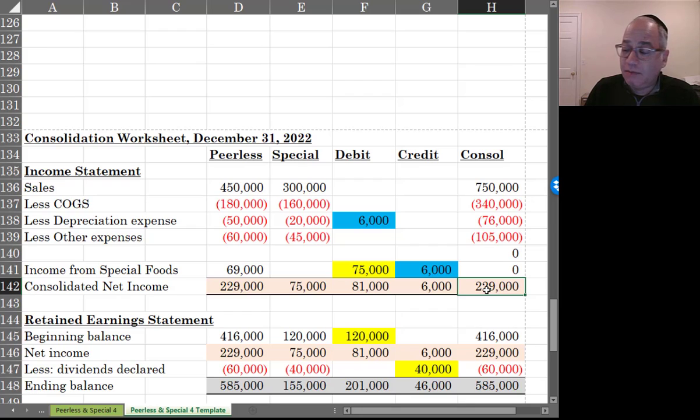Now, we said Peerless can use another method. They can use the cost method. They can use something called the dirty equity method, where they don't do these adjustments for the write-downs. If so, then that's not going to be equal. But this is equal, so we're happy, and income from Special Foods has been eliminated down to 0.